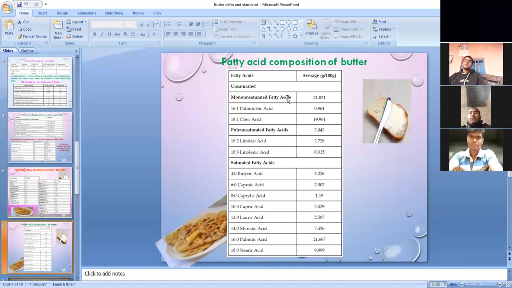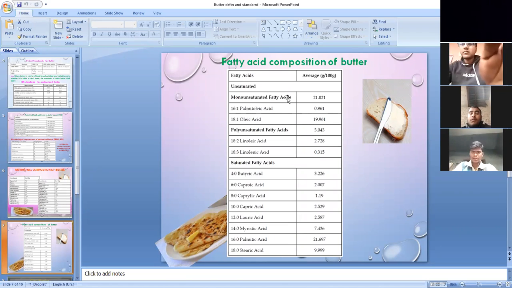Suppose you have made butter from buffalo milk, then definitely it contains a relatively higher concentration of saturated fatty acid and a lower content of unsaturated fatty acid. You already know that the fat globule size of buffalo milk is bigger than cow milk. So when we prepare butter from buffalo milk, we get a higher yield of butter.